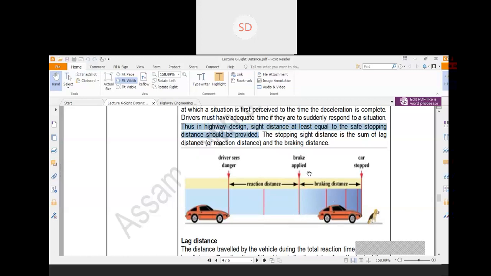This distance, from when you apply the brake until the car stops, is called braking distance. So your sight distance is of two parts. First one is lag distance or reaction distance, and second one is braking distance.